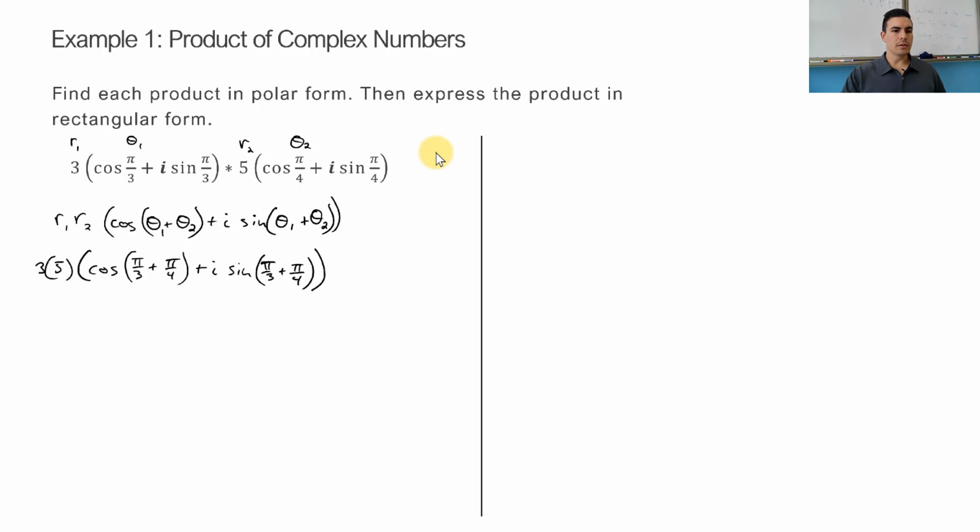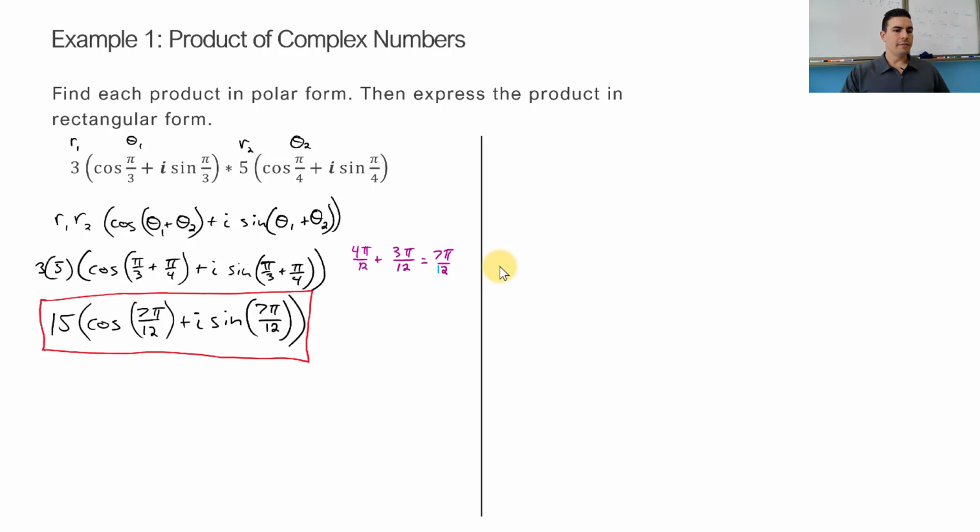So we can go ahead and plug those values right in, and we can calculate what pi over 4 plus pi over 3 is. That's going to be 7 pi over 12. And that is 15 cosine of 7 pi over 12 plus I sine 7 pi over 12.